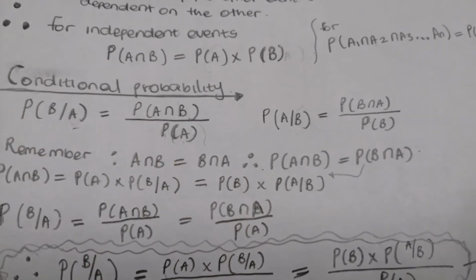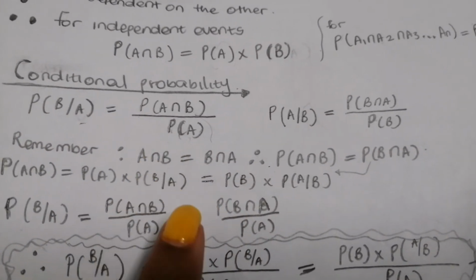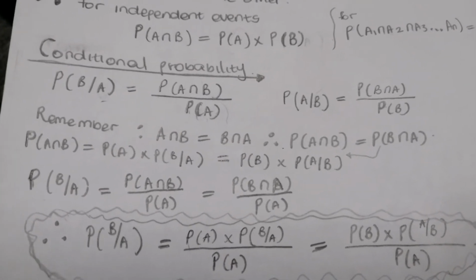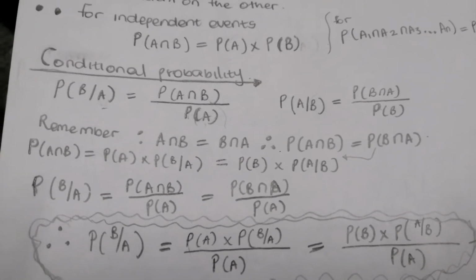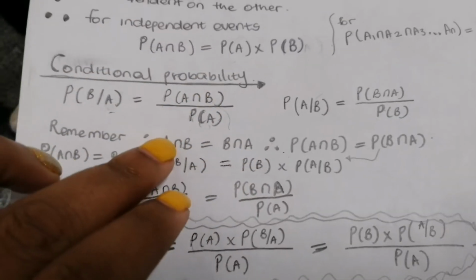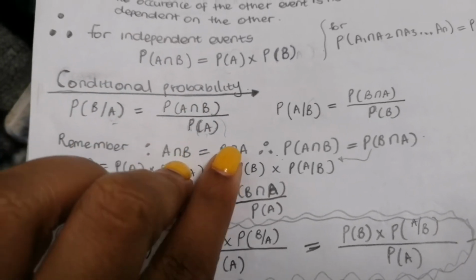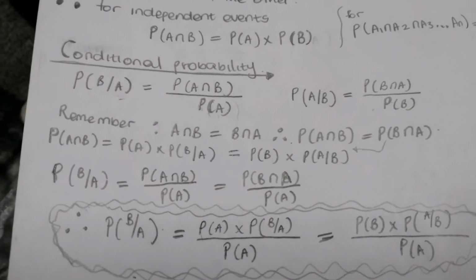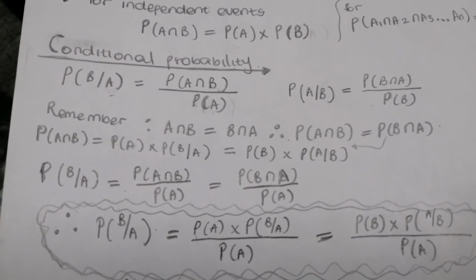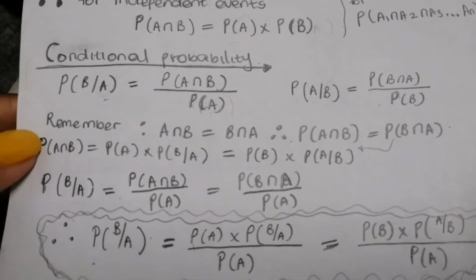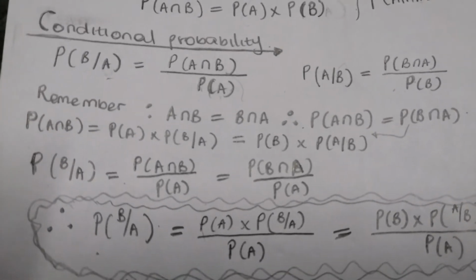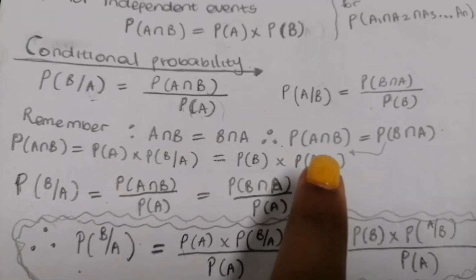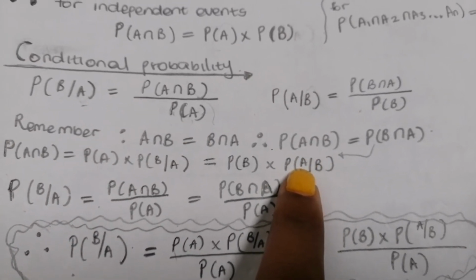Remember that A intersect B equals B intersect A, right? Therefore the probability of this will equal the probability of that. So you can see here that the probability of A intersect B is either this or that, right?